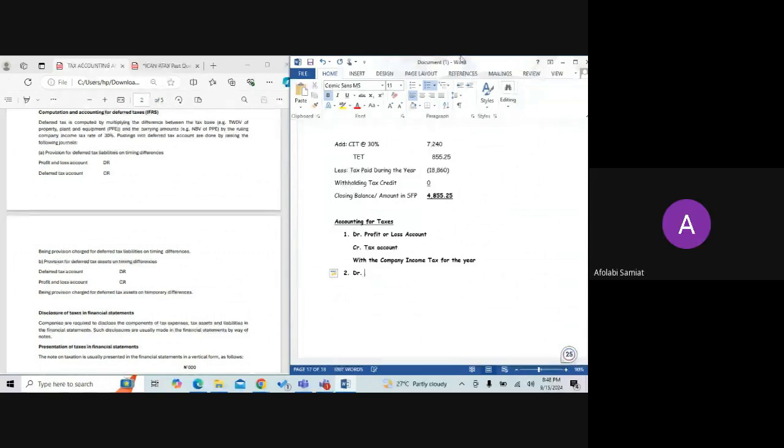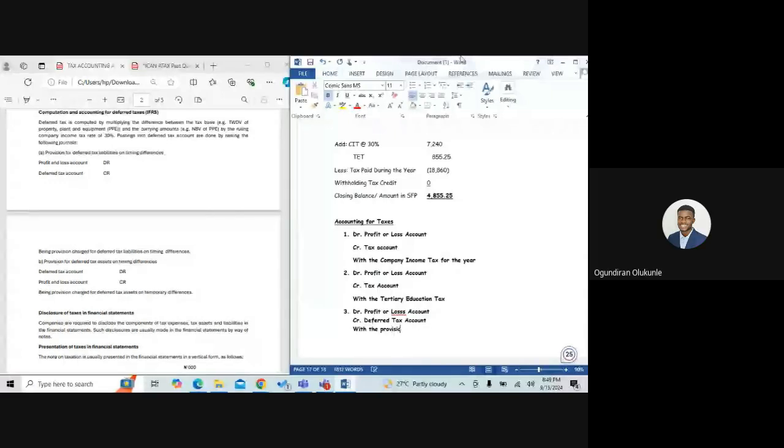The second one is debit profit or loss account and credit tax account with the tertiary education tax.